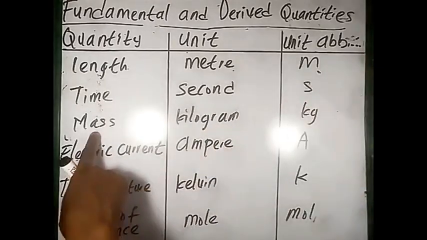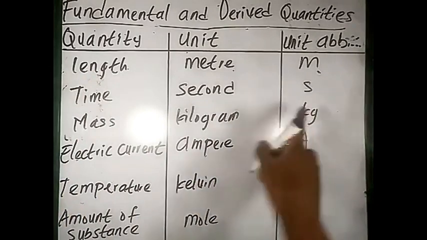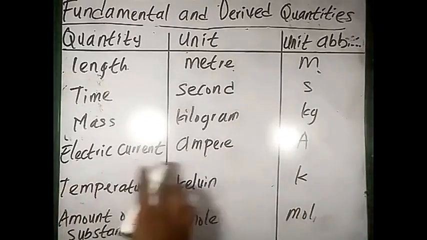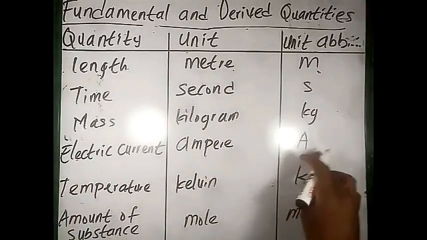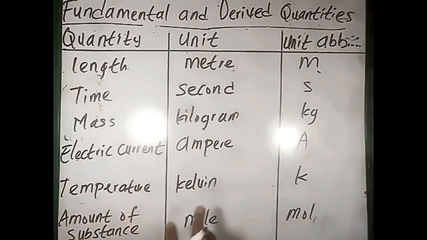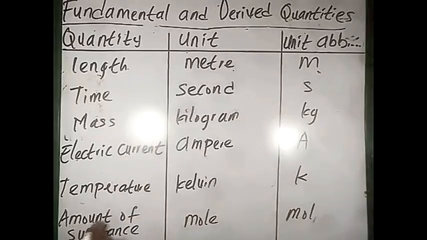We have mass, the unit is kilogram, with its unit abbreviation. We have electric current in ampere, so the unit abbreviation is a capital letter A. Temperature, the unit is Kelvin. Amount of substance, the unit is mole.